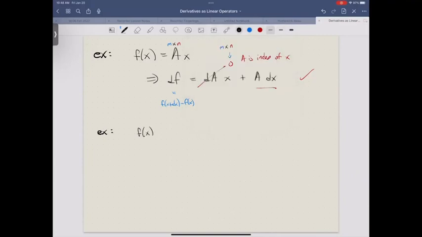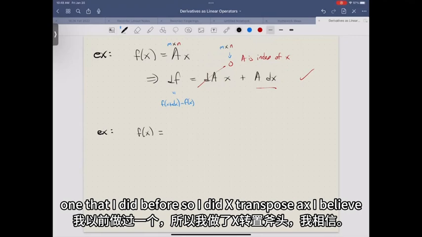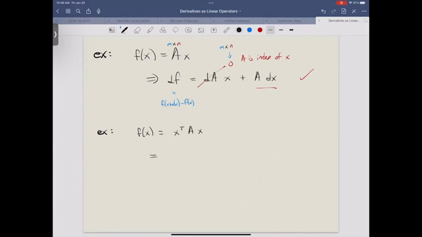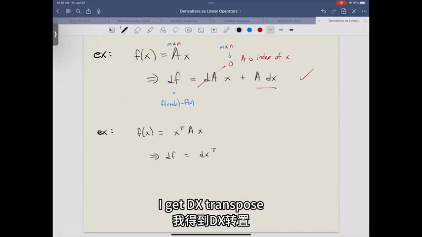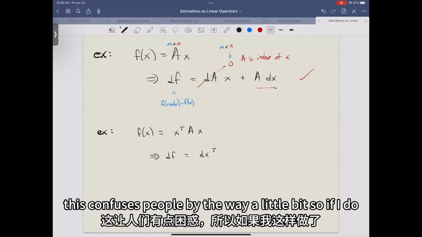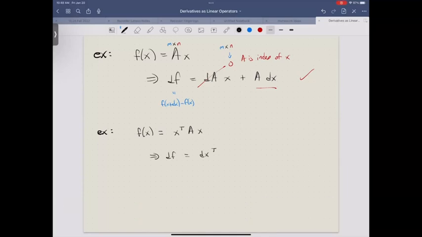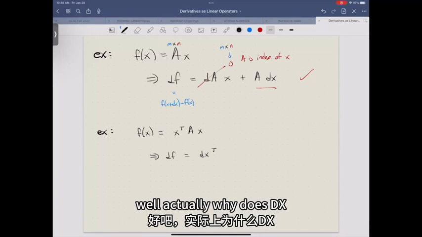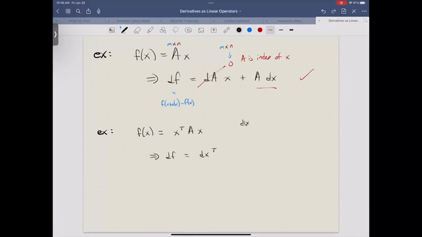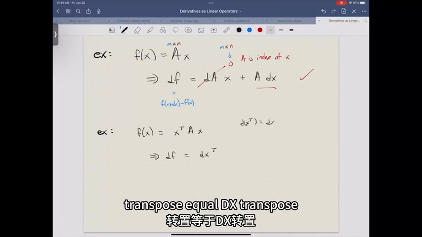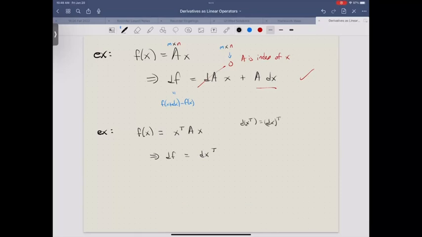Let me do another one, the one that I did before. I did x transpose Ax, I believe. So now if I do df, I get dx transpose. This confuses people, by the way, a little bit. Why does d of x transpose equal dx transpose?